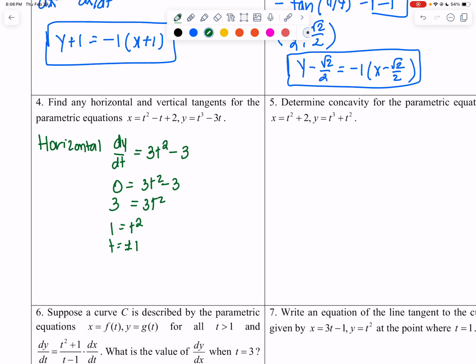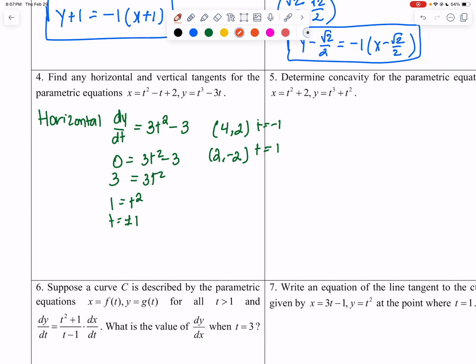And all you're going to do, of course, is just plug that into x and y. In this case, for time, you're going to get (4, 2) and (2, -2). For (4, 2), that's you plugging in t is equal to negative 1. And then for (2, -2), you're going to plug in t equal to 1.